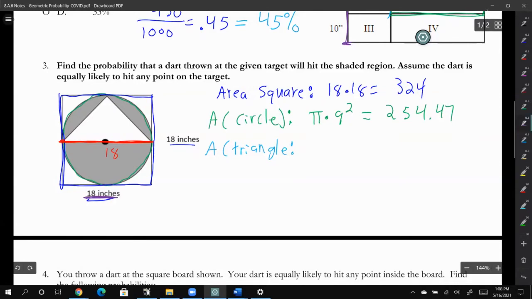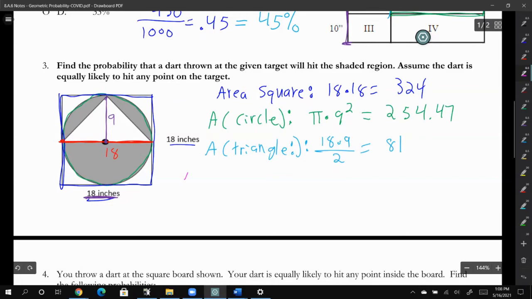The height of the triangle is this distance here, which is half of 18, or 9. So the area of this triangle will be 18 times 9 divided by 2. And that gives me 81.